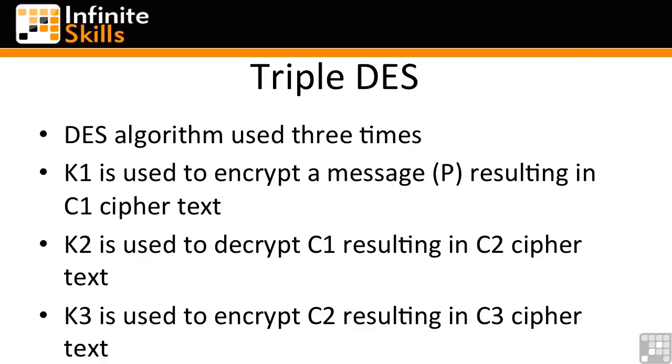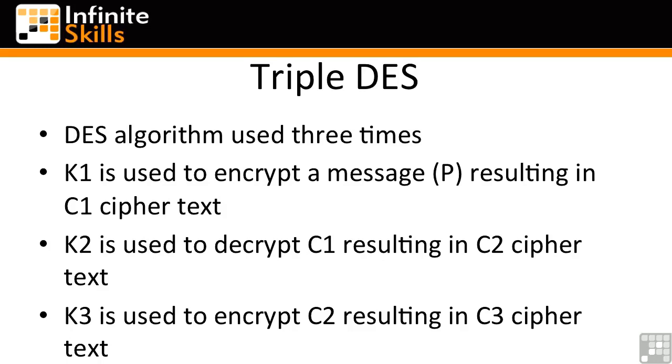What we are going to get is another round of ciphertext, and we'll call that C2. With C2, we're going to apply a third key. We'll call that third key K3, and we're going to encrypt the ciphertext C2, and that's going to result in another round of ciphertext that we'll call C3.